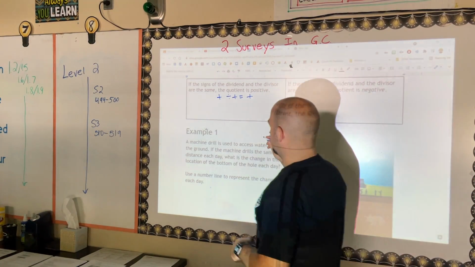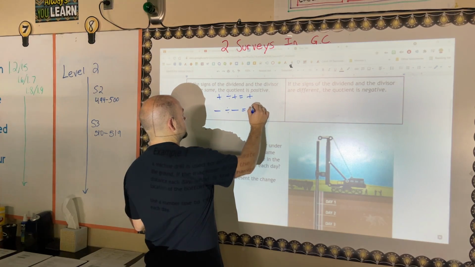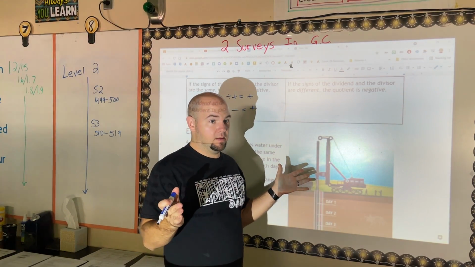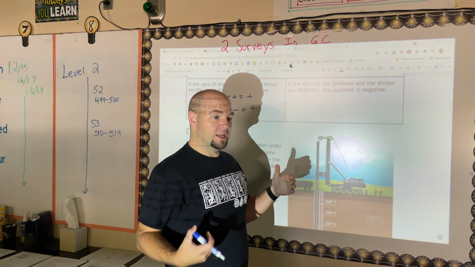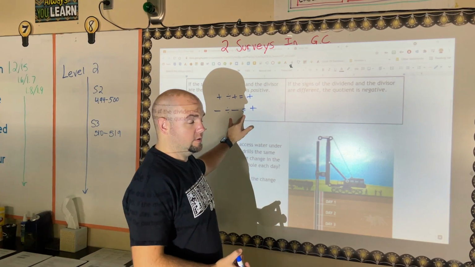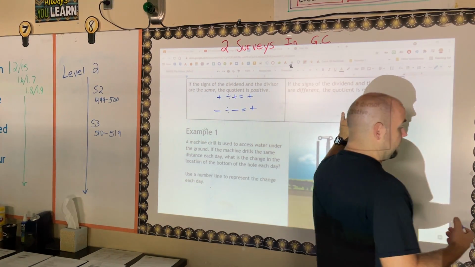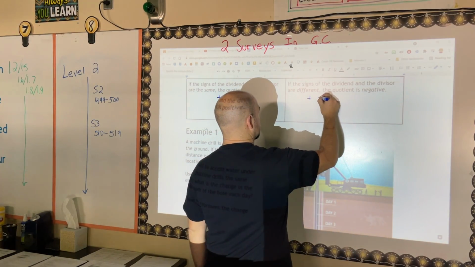If we have a negative divided by a negative, our answer is going to be a positive. Same thing as it was for multiplying: a positive times a positive was a positive, and a negative times a negative is a positive. Same thing happens here. And contrary to that, when you have opposite signs, negative is going to be our answer.